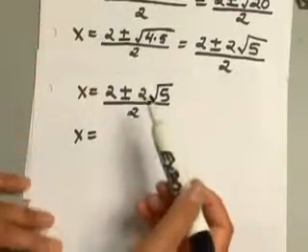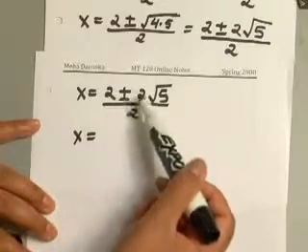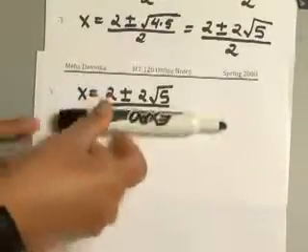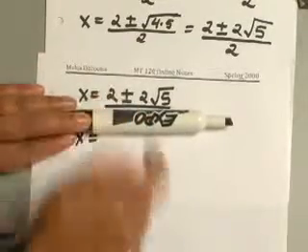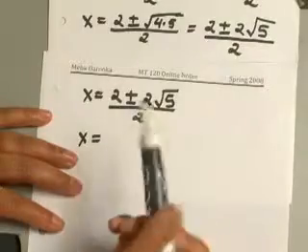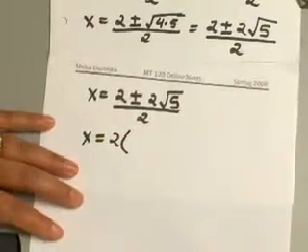Now on your numerator, you will see that you have 2 plus or minus 2 square root of 5. So if you just look at the terms on the numerator, you have 2 and 2, which is common between the two terms. So you can actually pull that 2 outside as your greatest common factor.